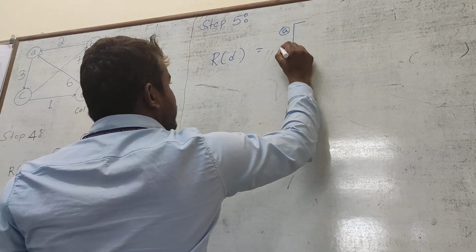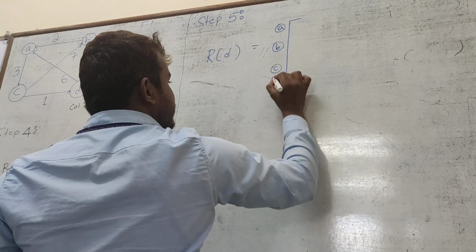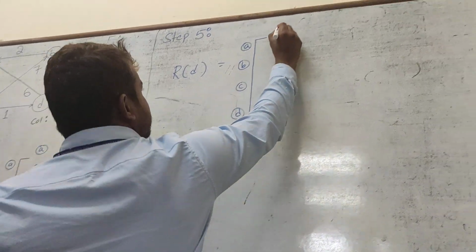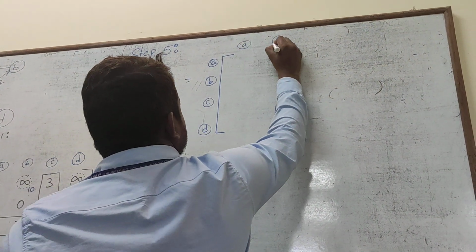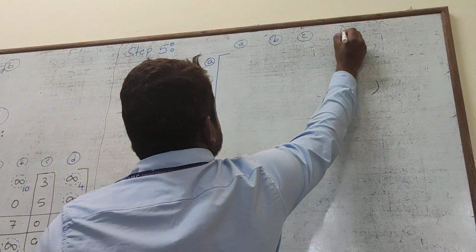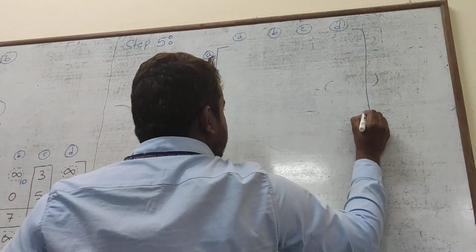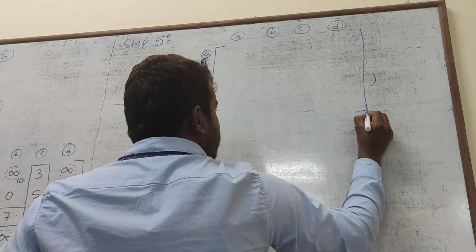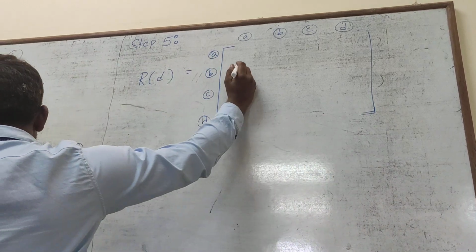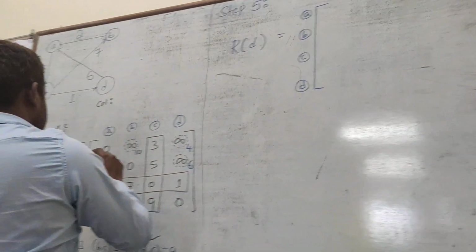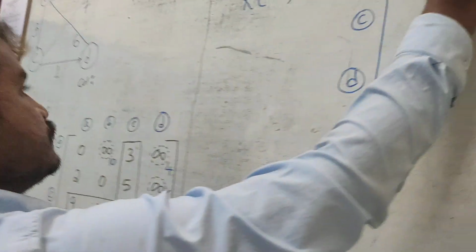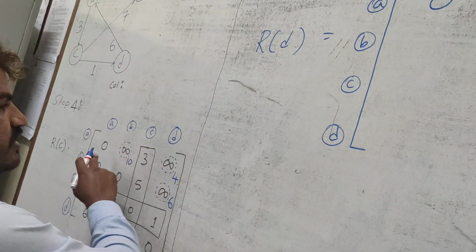A, B, C and D. A, B, C and D. The values are written here. 0. You have the recent table.